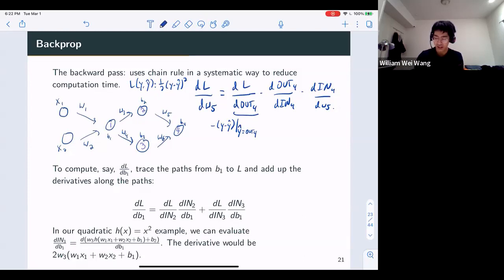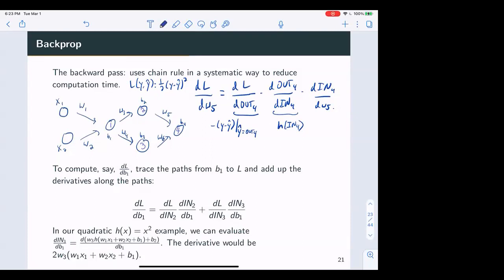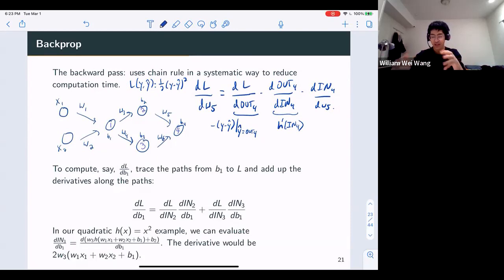Well, how do you compute this one? It's just the derivative of the h function at the input 4, or let's call it h prime of the input, because output 4 is just h of the input.